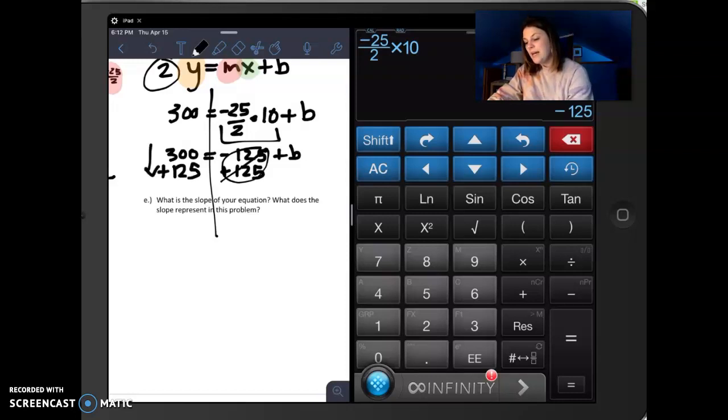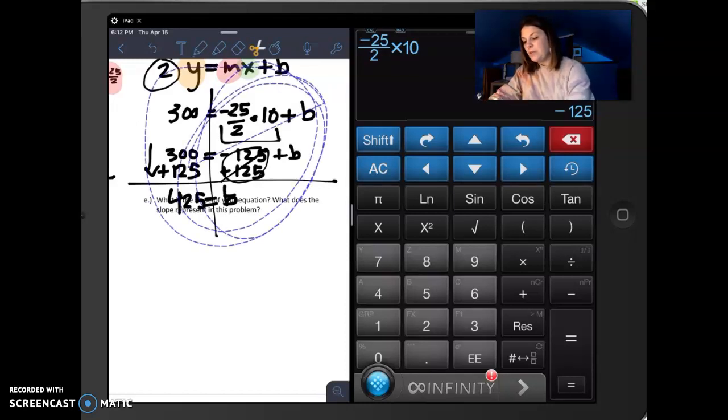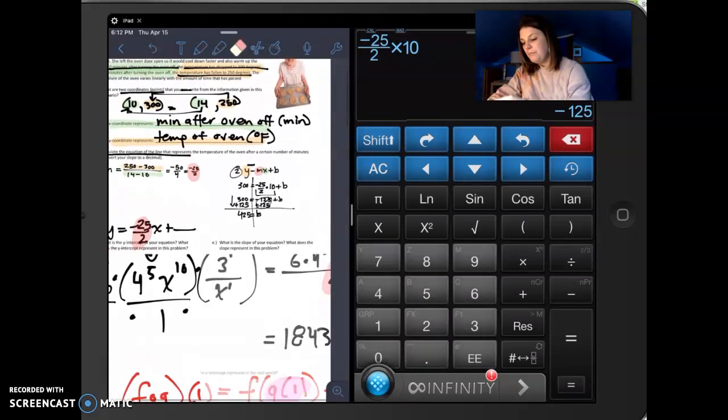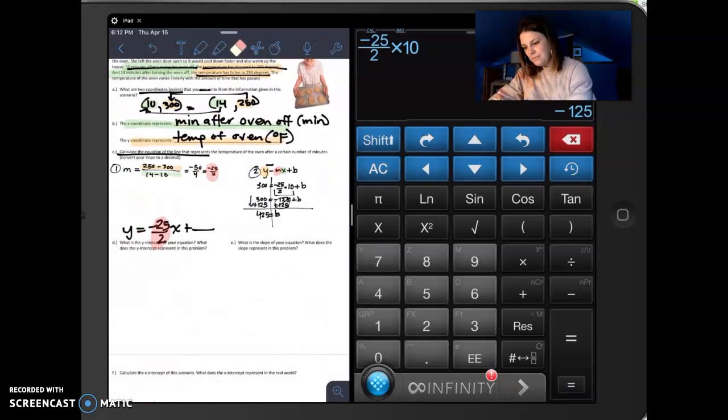And we're always adding top to bottom. So we get 425 is equal to b. And now, using our skills with Notability, I'm going to make that smaller so that it fits in.